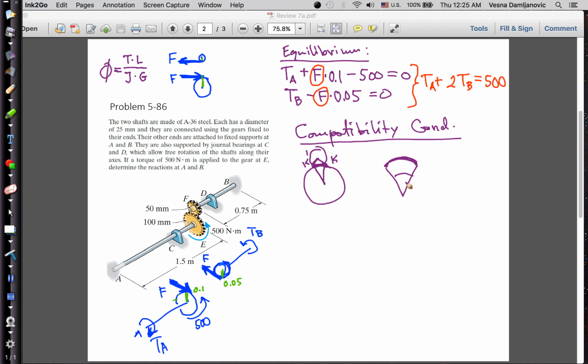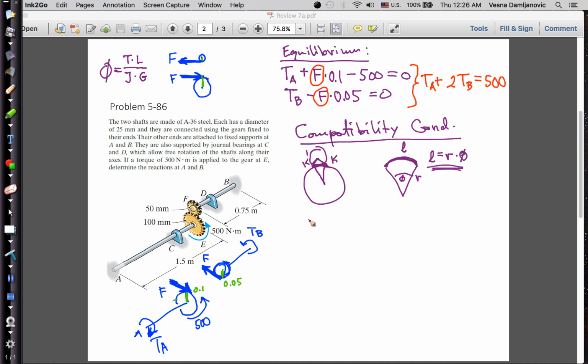If we have an angle phi and a radius r, the length of this, which I'm going to call a cursive L, is equal to r times phi. And so our compatibility condition will actually be that these two arcs are the same, the arc for the big wheel gear and the arc for the small gear.